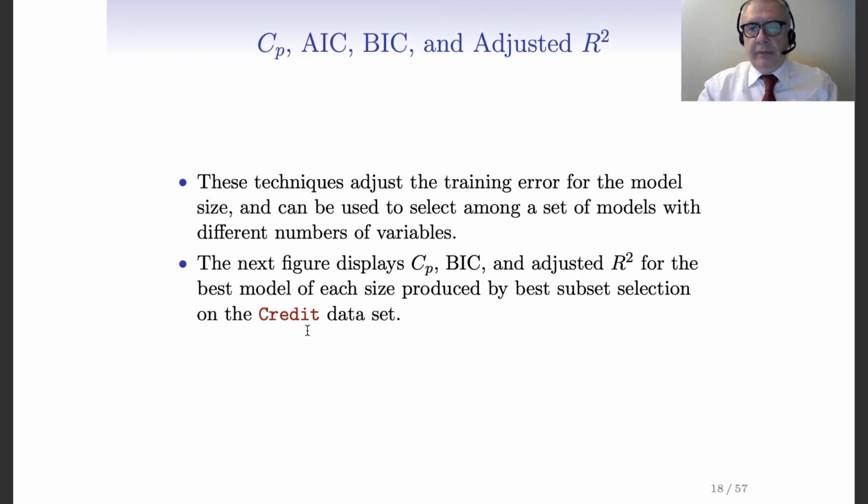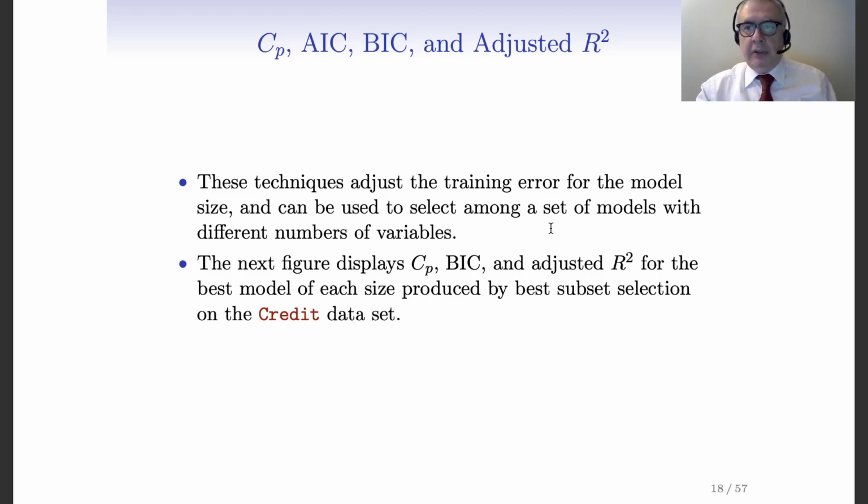Methods that fall in the first category are Cp, AIC, which stands for Akaike Information Criterion, BIC, Bayesian Information Criterion, and adjusted R squared. These techniques adjust the training error and give you indicators that you can minimize or maximize, because Cp, AIC, BIC are to be minimized while adjusted R squared is to be maximized.